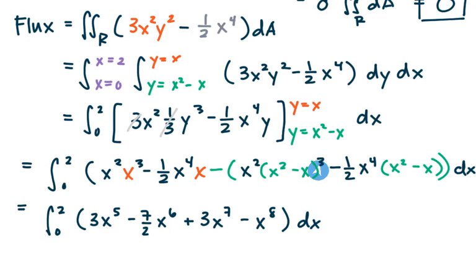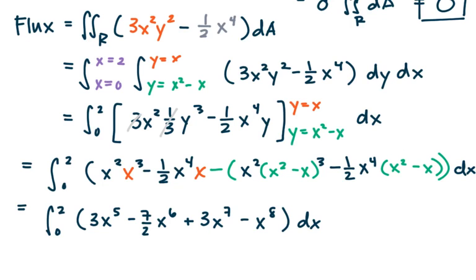So we get into a little messy or busy algebra here because we've got to cube a binomial, but it simplifies down to something which looks like this: 3x to the fifth minus 7/2 x to the sixth plus 3x to the seventh minus x to the eighth.